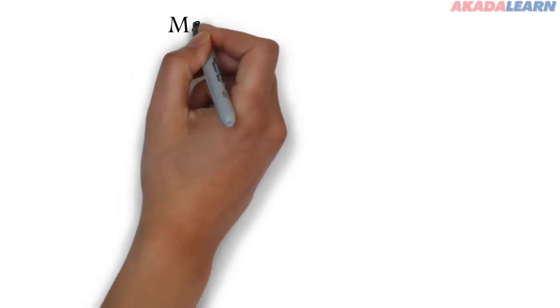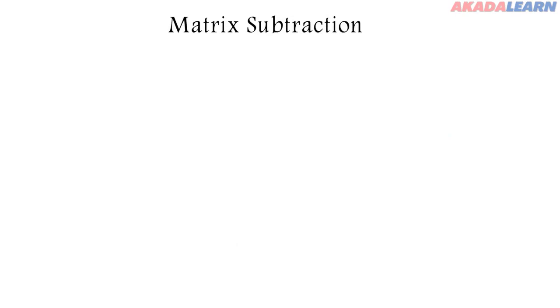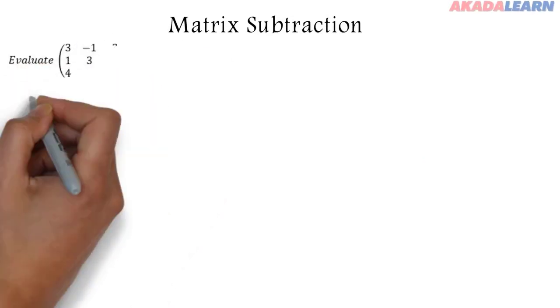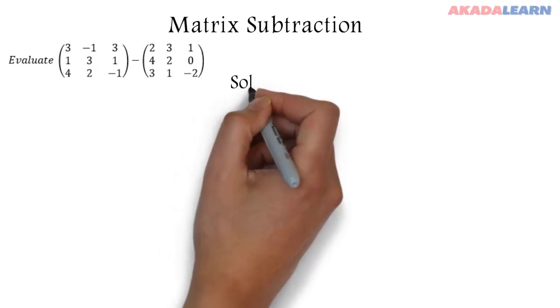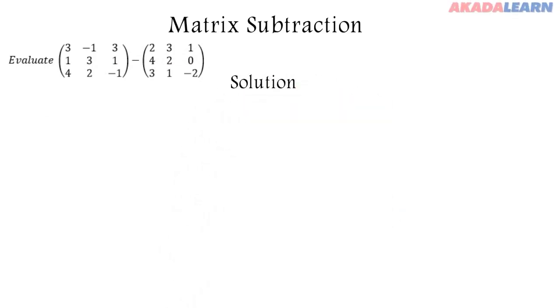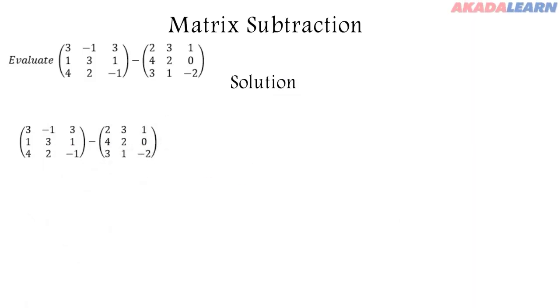Okay, so now let's go ahead and see how to subtract a matrix from another. So we are asked to evaluate that question right there. So just the way we did the addition, the same way we are going to do the subtraction here. So we are going to subtract the first number in the second matrix from the first number in the first one, that way.